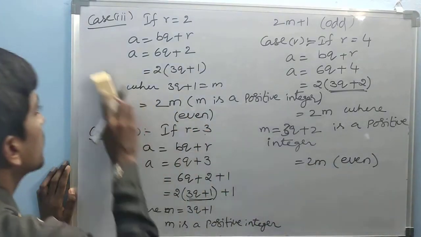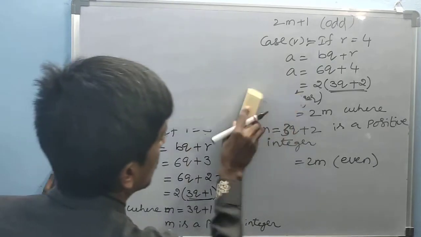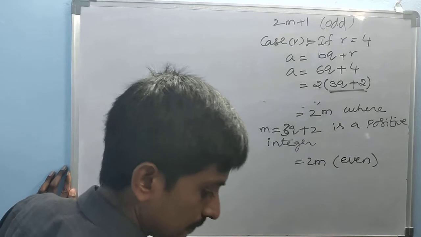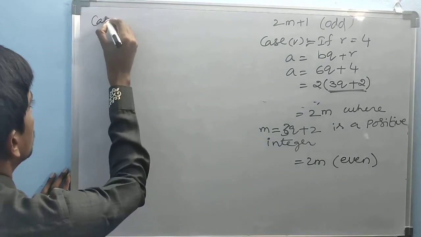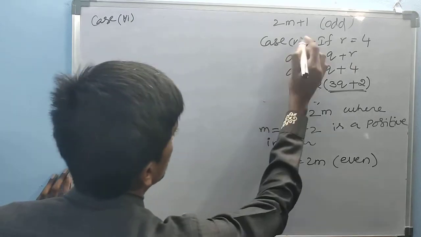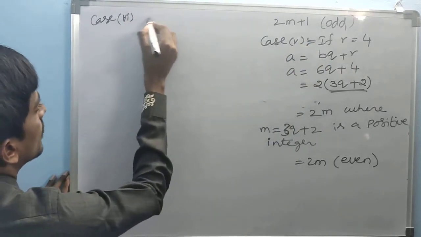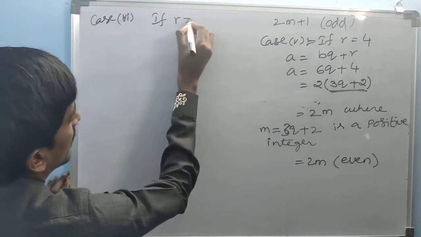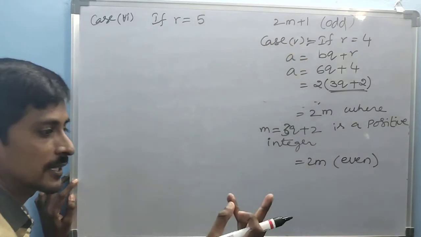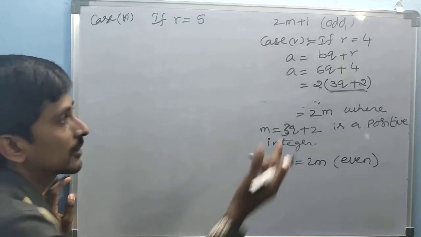Next, case 6. Case 5 is already completed. If r equals 5, the last case. 0 completed, 1 completed, 2, 3, 4 completed.